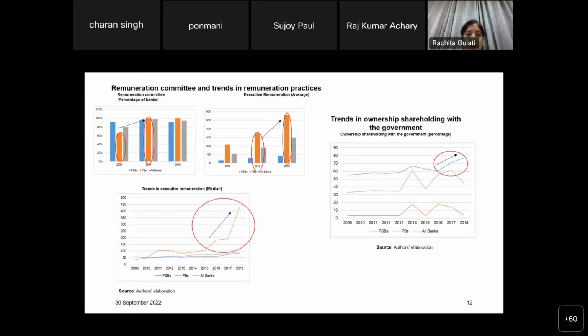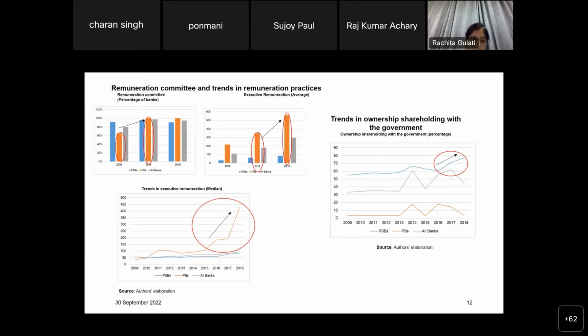However, if we compare the mean executive remuneration across the public and private sector banks, it shows a wide disparity. Bank executives in the public sector banks are not entitled to stock options and equity grants. This is the main component which brings the wide disparity in executive pay across the two groups.